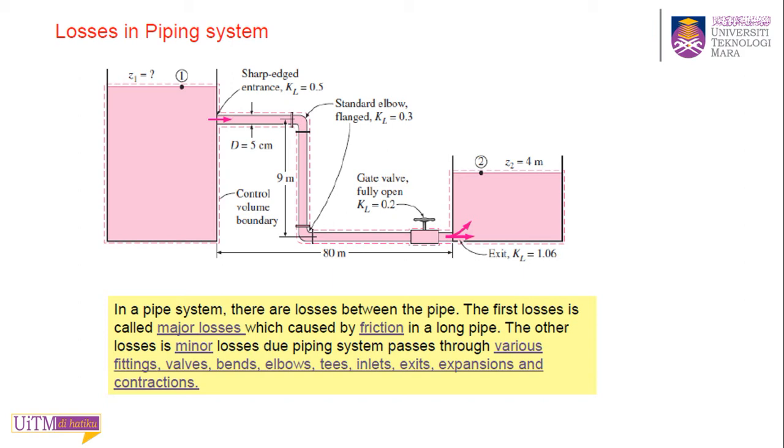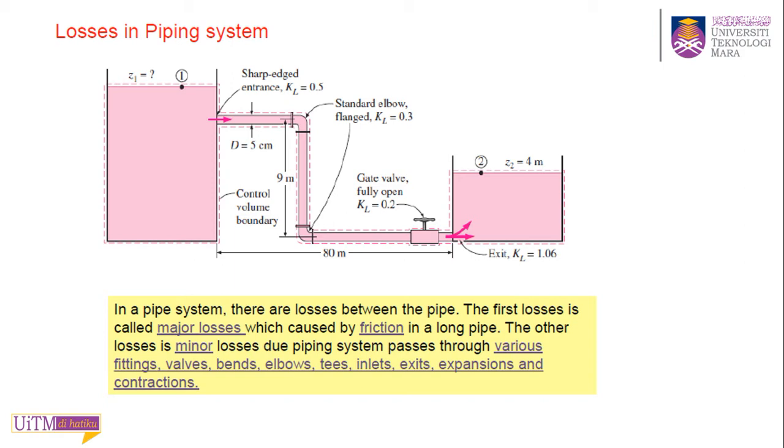So that's why in this chapter 4, we take that into consideration. As there are losses in the system, we need to calculate the losses, and then we will use the Bernoulli equation again. The Bernoulli equation will expand.